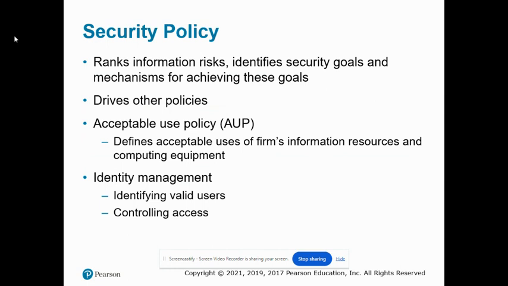Here we look at the need for a firm to establish a security policy for protecting a company's assets, as well as other company policies the security policy drives, and how information systems support this. Here we also look at the area of security policy involved in managing identities of system users.